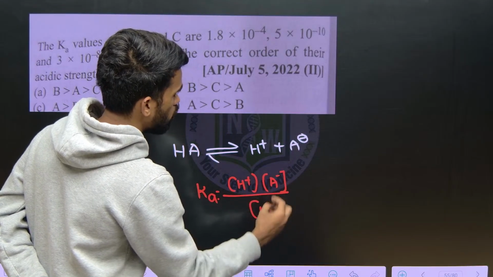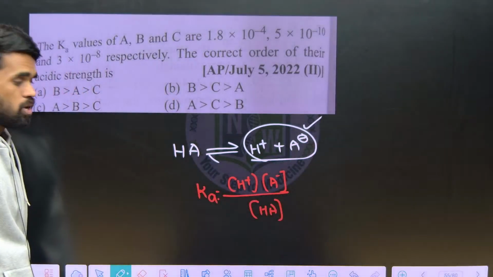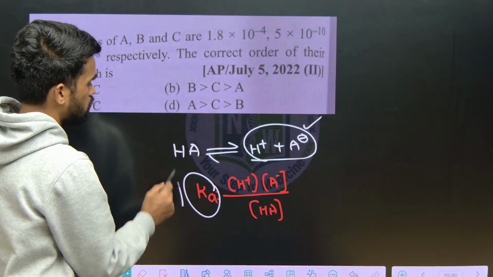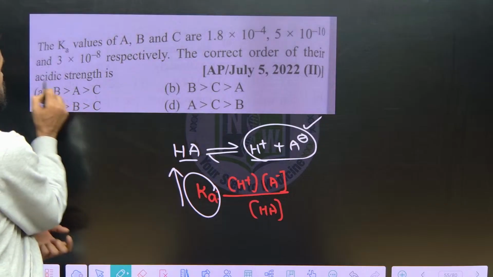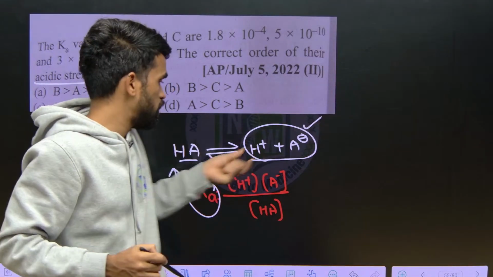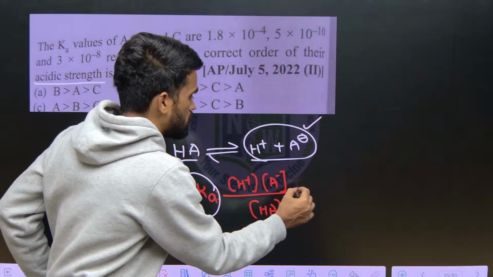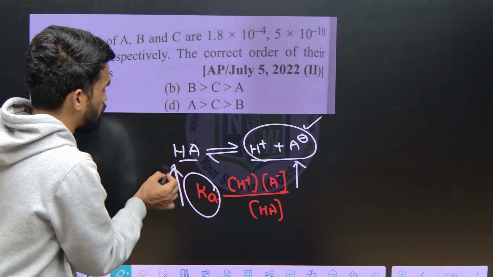So the more the ionic concentrations, the more the product concentrations, the more the Ka value. If it has more acidic strength, equilibrium moves forward, concentration of products will be more, and Ka value will be more.